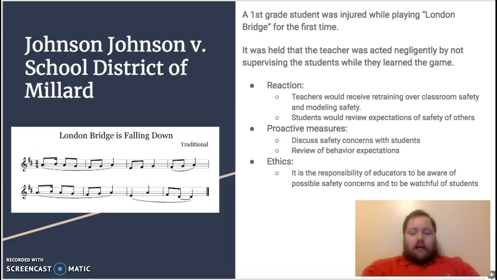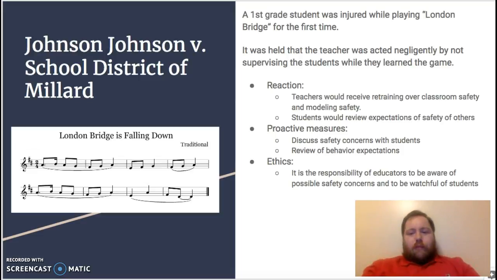Early on in the process, they're saying the teacher should have been paying more attention than she was. Now, the reaction this would receive in my school would be a little different because we're a high school. Generally speaking, legally, the threshold for supervision is a lot higher for younger students than for older students. It's generally accepted that older students should be allowed a little more autonomy.